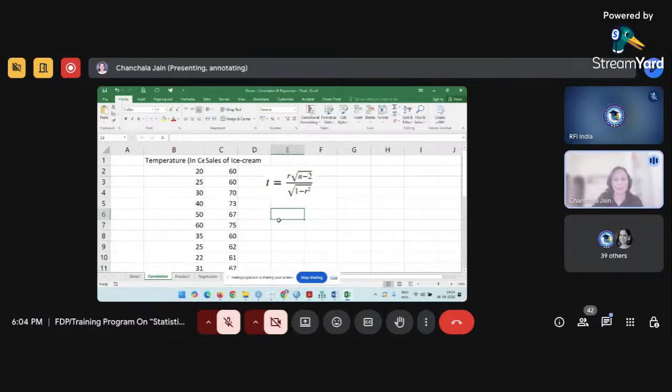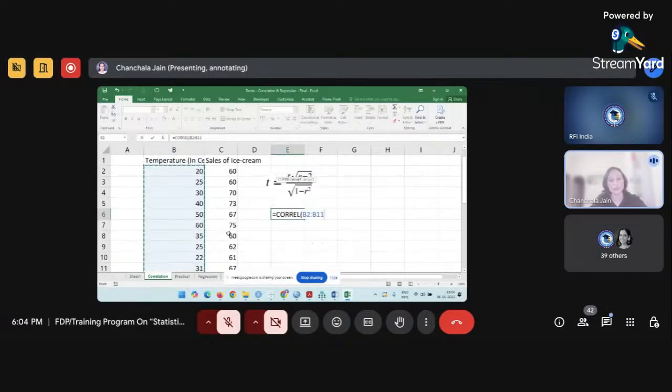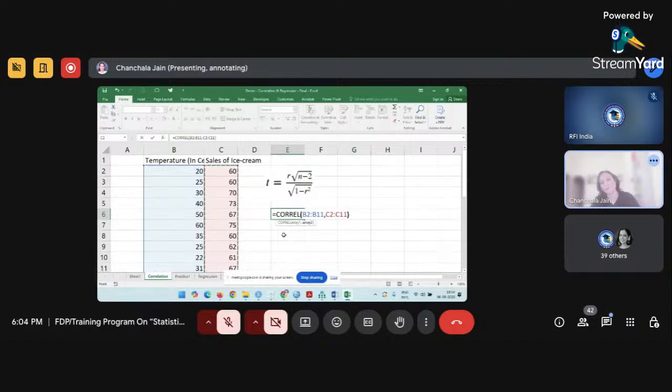Suppose I am typing equal, then you can write COR, and you can find there is only one function starting with COR, which is CORREL, right? This is asking you to provide the arrays, that means you can provide the series or the range of your data. So I select the first column, comma, and then I select the second column. That's all, and close the bracket.